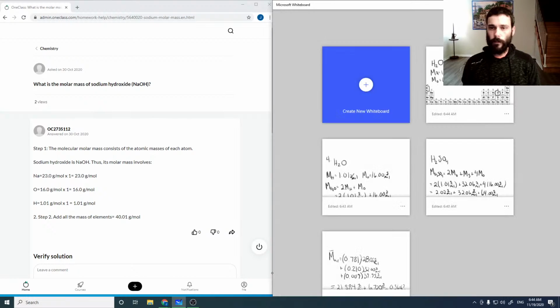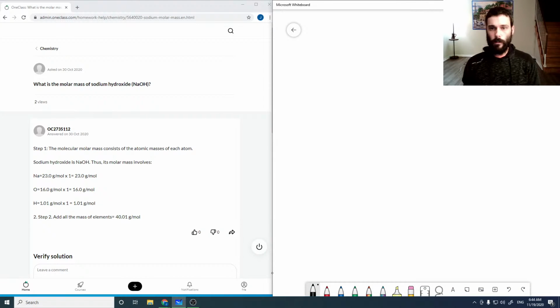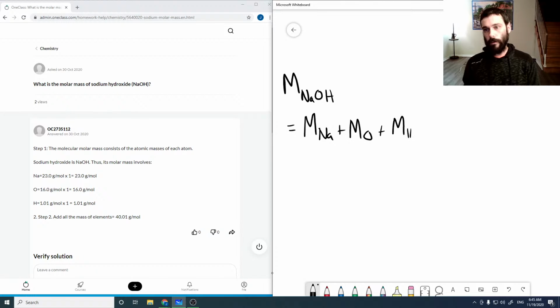Okay, and I'm just going to grab a new sheet. So if we're looking for the molar mass of sodium hydroxide, that's just going to be the molar mass for sodium plus the molar mass for oxygen plus the molar mass for hydrogen, as there's just one sodium, one oxygen, one hydrogen.